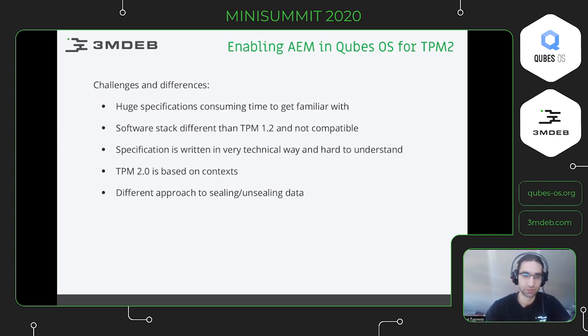So it introduces some kind of flexibility, like we can have a platform hierarchy that is used, for example, by the firmware to access the TPM and control various features. For example, we cannot enable the SHA-256 banks without knowing the authorization of the platform hierarchy.